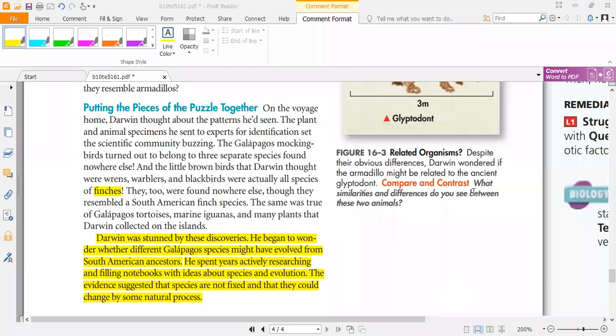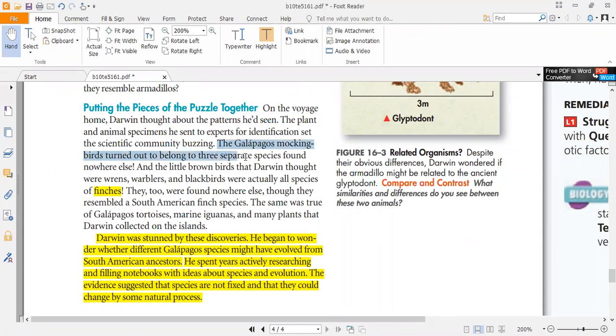Putting the pieces of the puzzle together. On the voyage home, Darwin thought about the patterns he had seen. The plant and animal specimens he sent to experts for identification set the scientific community buzzing. The Galapagos mockingbirds turned out to belong to three separate species found nowhere else.